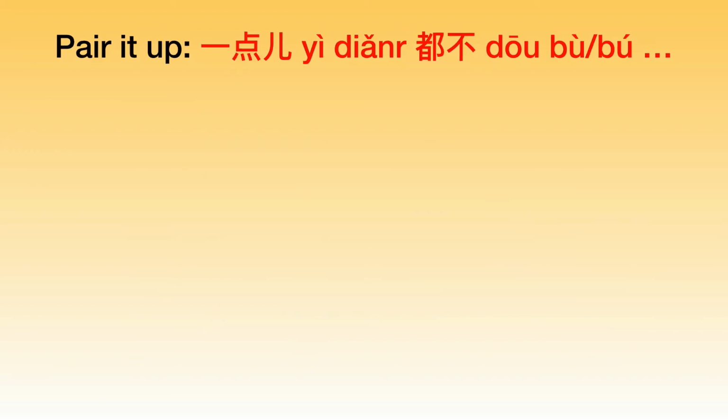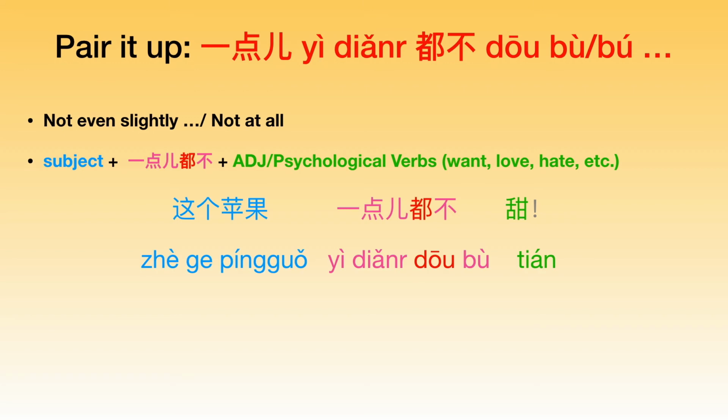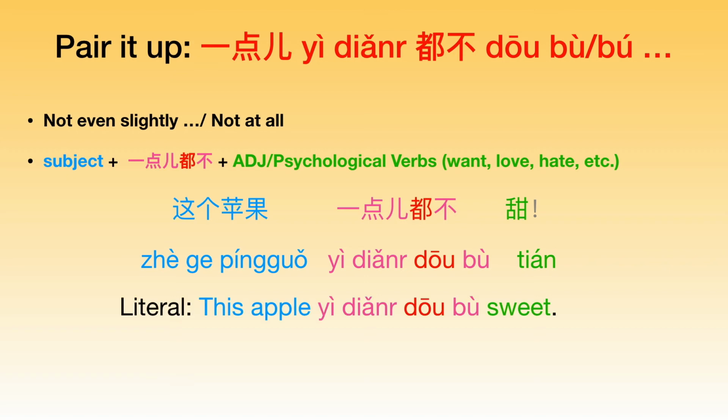Alright, so next one, 一点儿都不. It means not even slightly, not at all. So the construction is subject, 一点儿都不, adjective, or psychological verbs like want, love, or hate. For example, 这个苹果一点儿都不甜. This apple 一点儿都不 sweet.